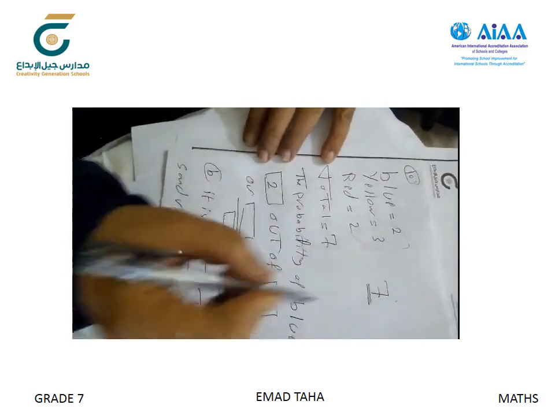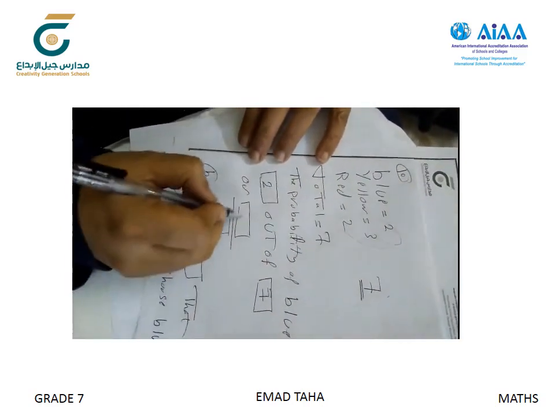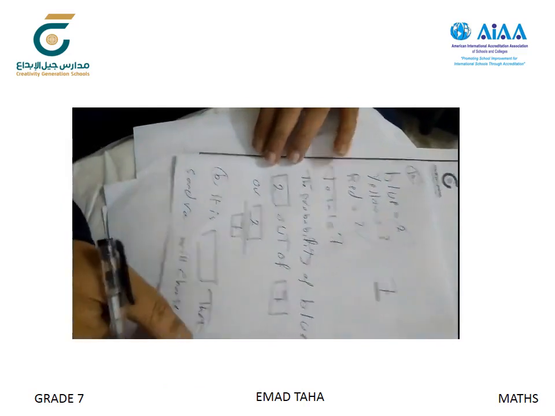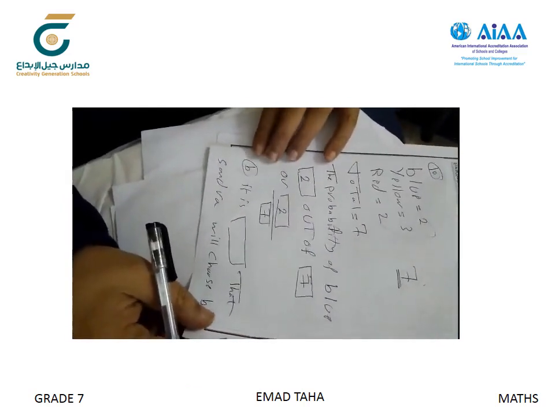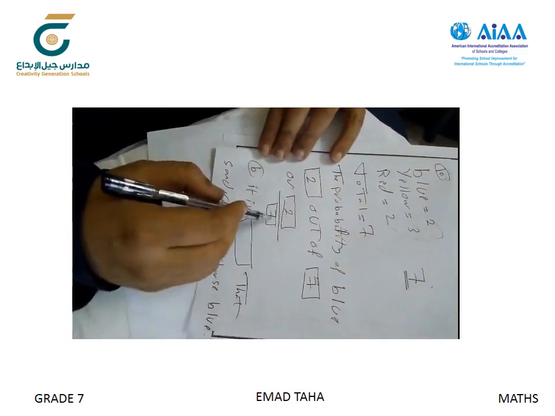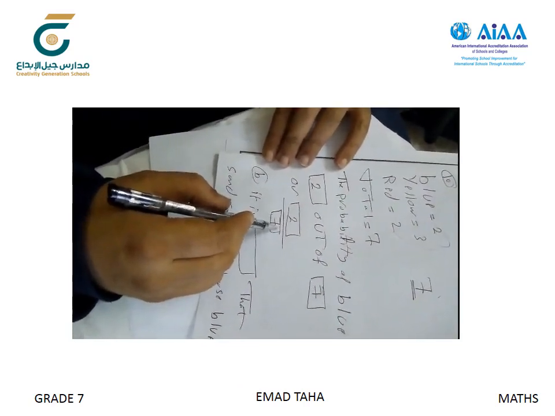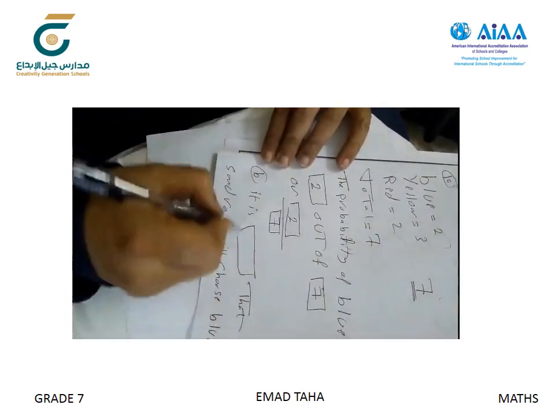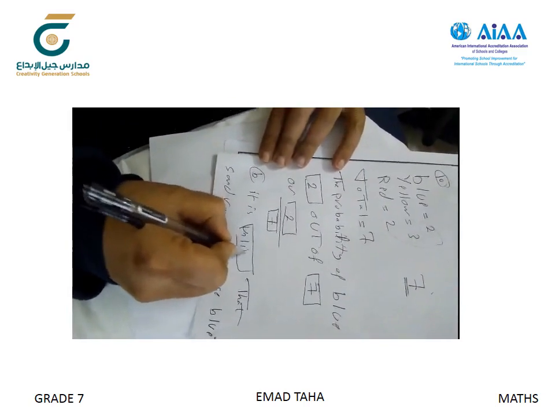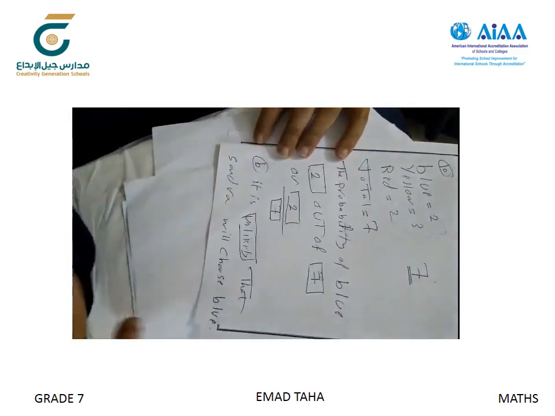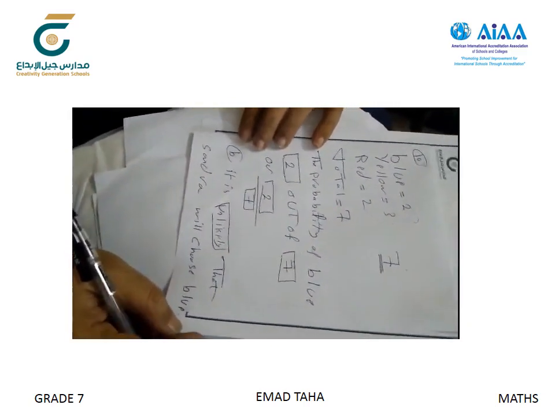Out of what? Of 7. Or 2 divided by 7. Ask yourself, is 2 over 7 greater than half or smaller than half? Yes, smaller than half. So it's unlikely that Sandra will choose blue.